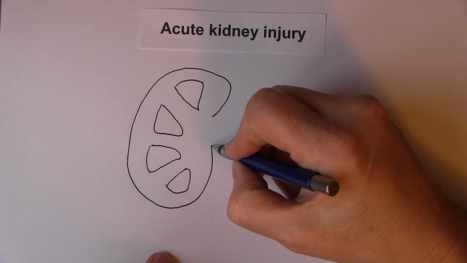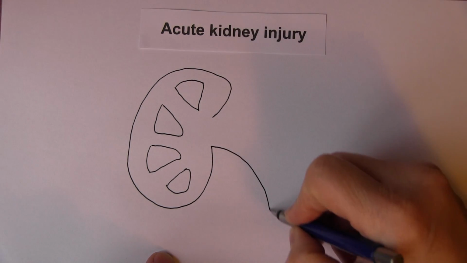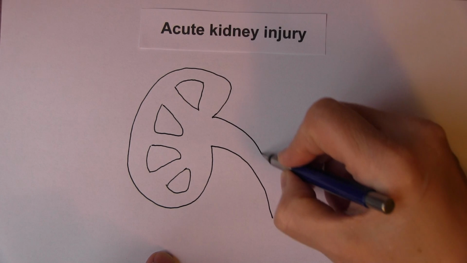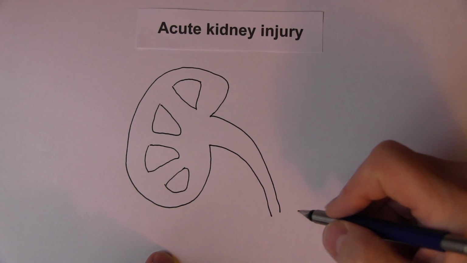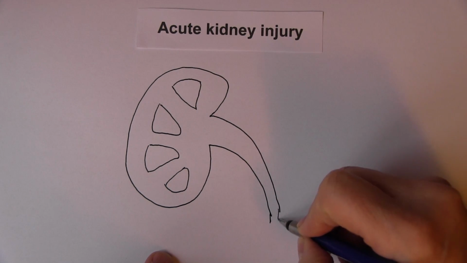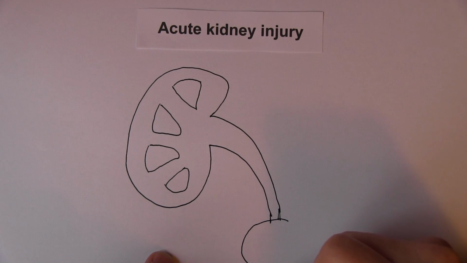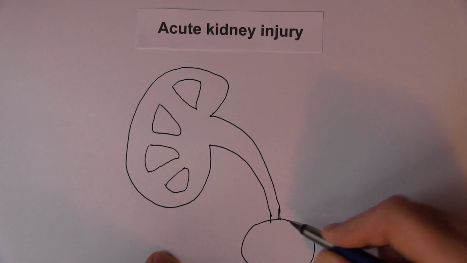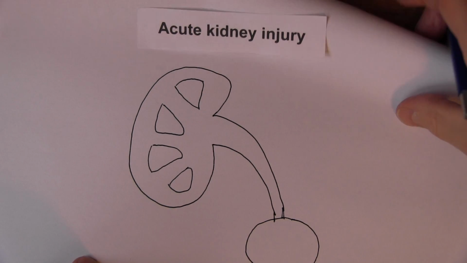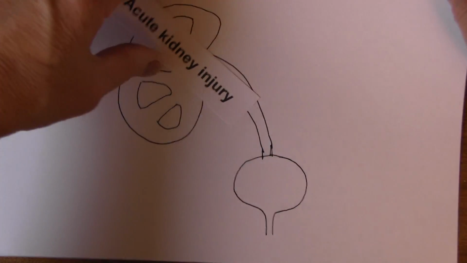And leaving this, we have the ureter. And the ureter goes down to the bladder here. And then the urethra takes the urine out of the body. So we have this pathway.